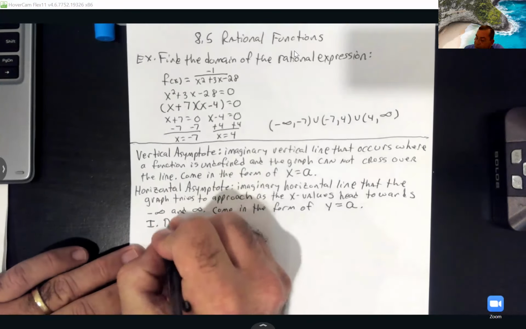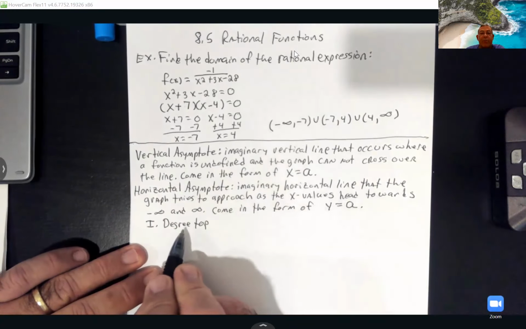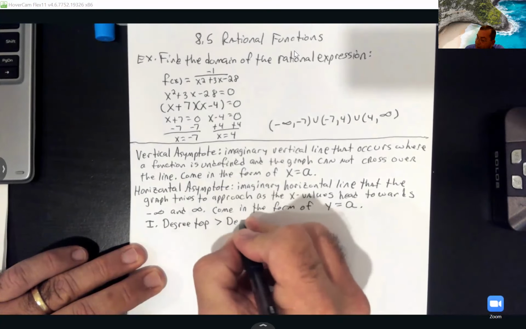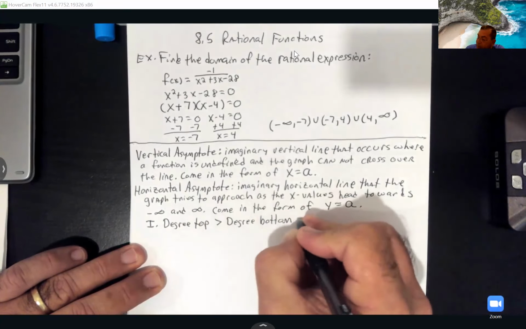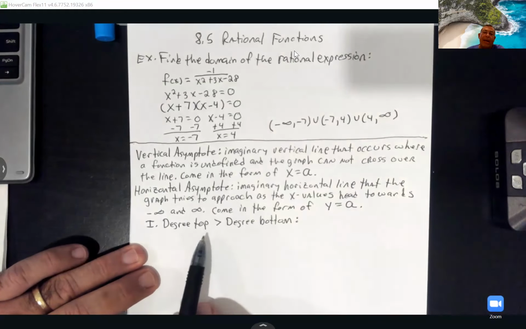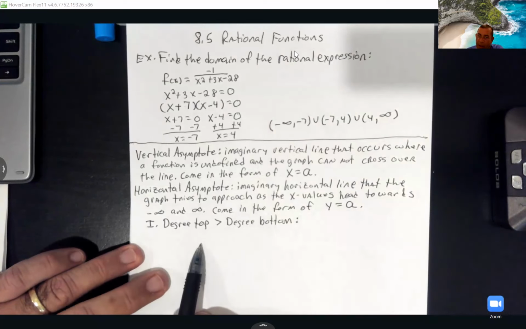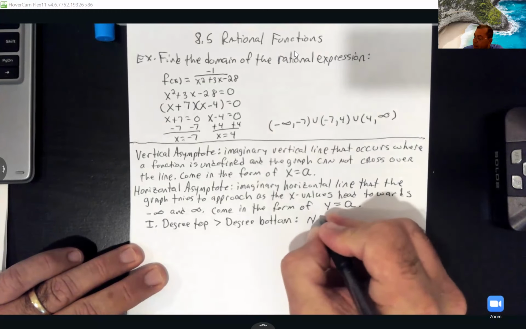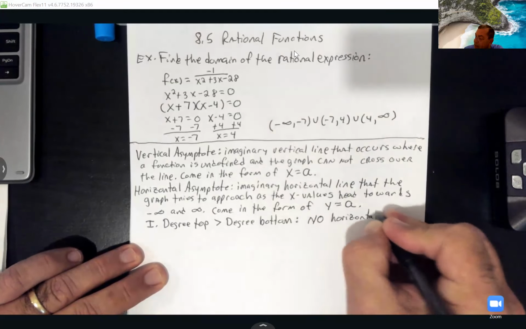If the degree on top, my numerator, is greater than the degree of the bottom, so I've got a higher exponent on top than on the bottom, then this is the only case where you will have no horizontal asymptote.